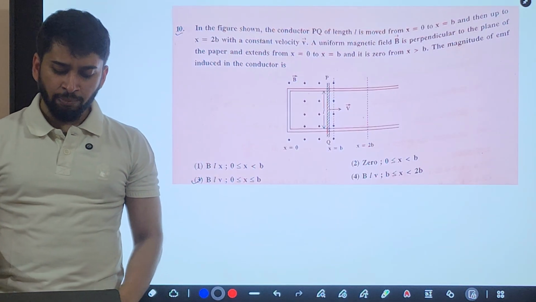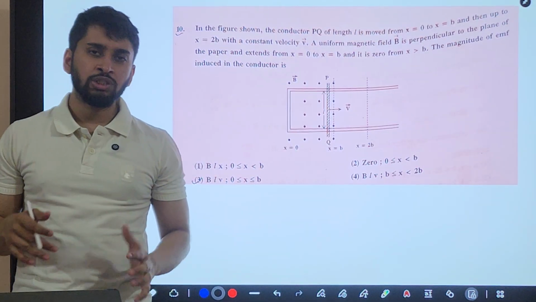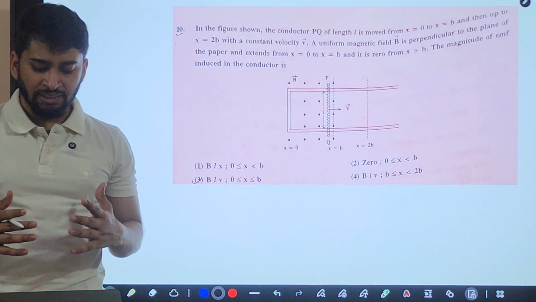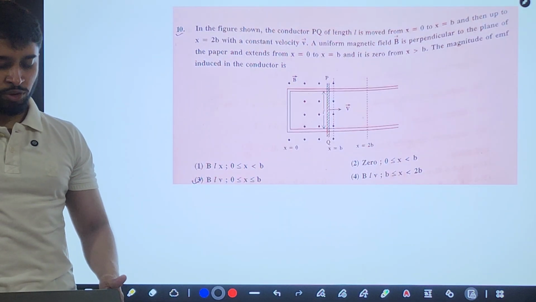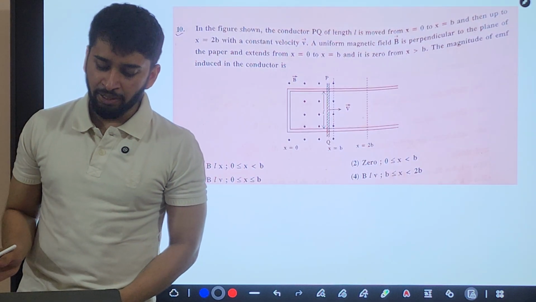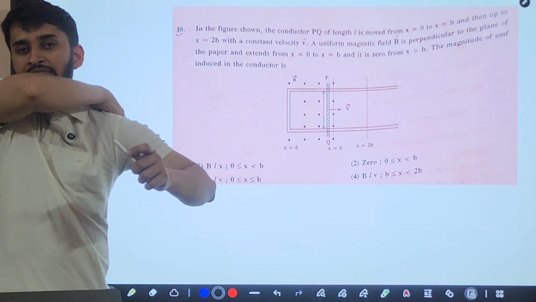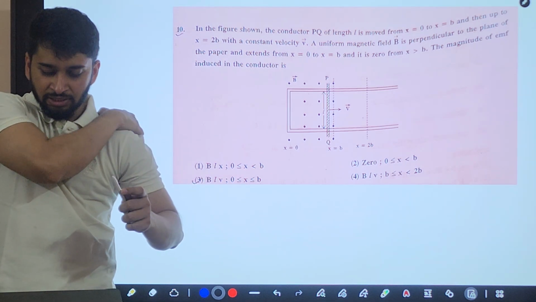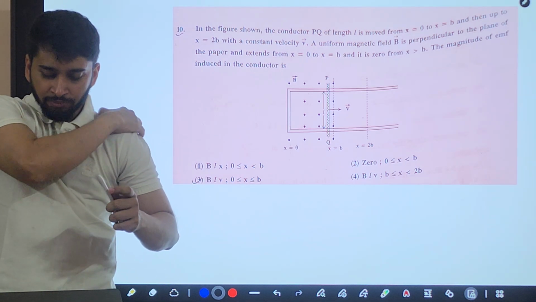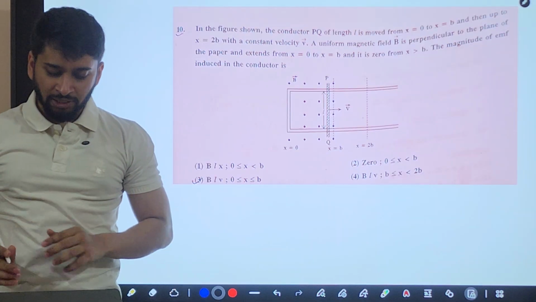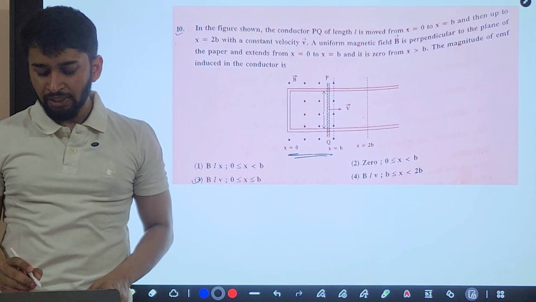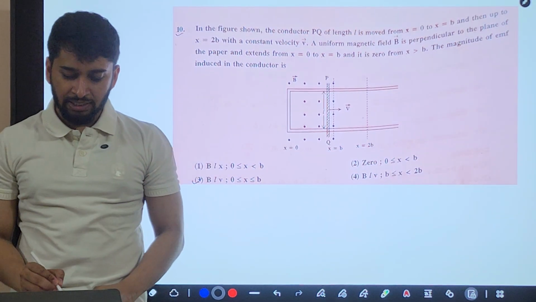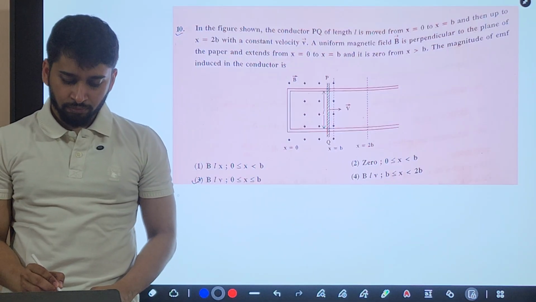So see, EMF will be induced as long as the magnetic field is there, or you can say in terms of the loop, as long as the flux is changing. So as long as it is moving from x equal to 0 to x equal to b, in that region the flux changes, right?